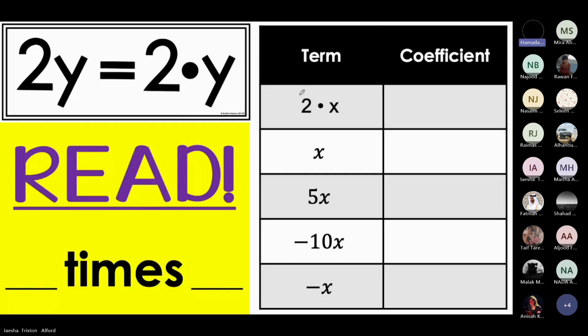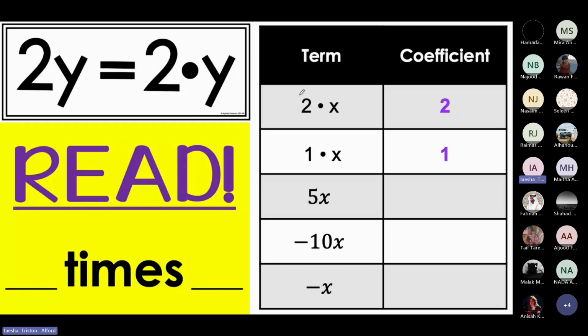The coefficient is positive 2. I agree. The next one, it has positive x. Read it another way. Positive 1x. Positive 1 times x, right? So what should be your coefficient? Positive 1.